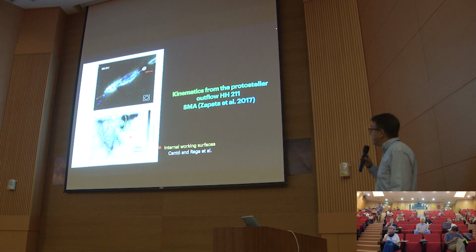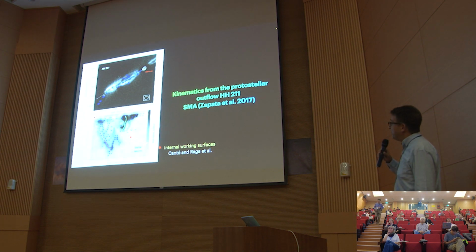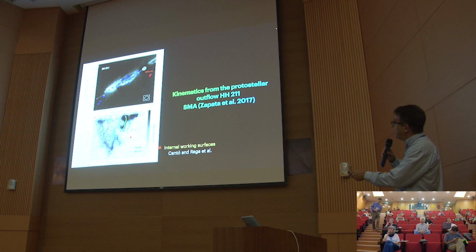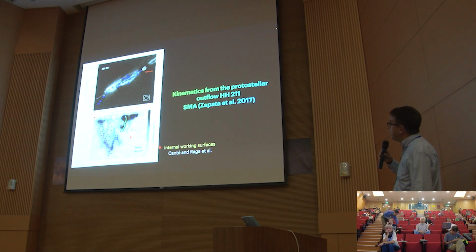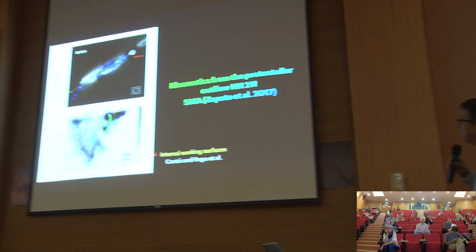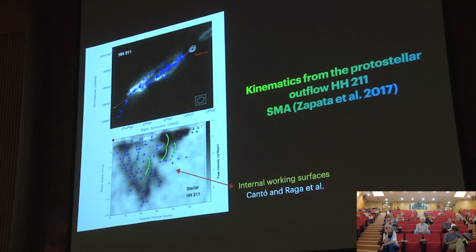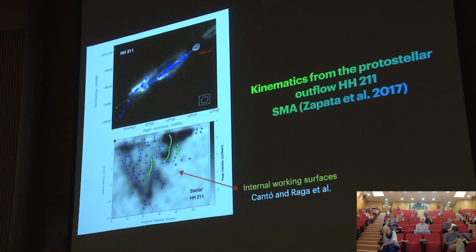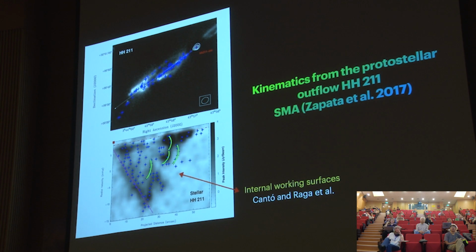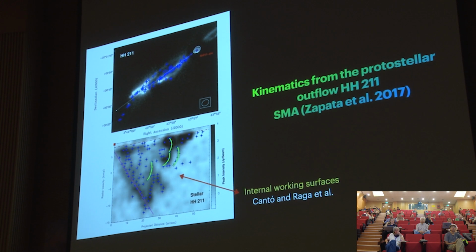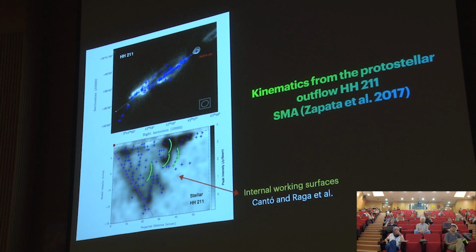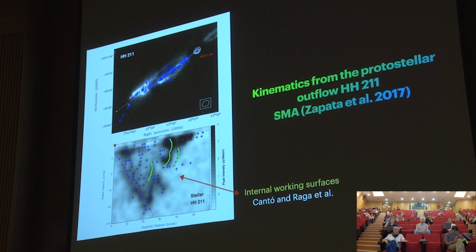If we try to do some PV diagrams, we can see the kinematics of the outflow. This is from the CO emission, again from the SMA. You go to the PV diagram, here is the radial velocity versus the projected distance. You have a bulk of molecular emission. The dots here are coming from the cubes. Every time you see a condensation, you can extract the position and the velocity, and you can plot it here.